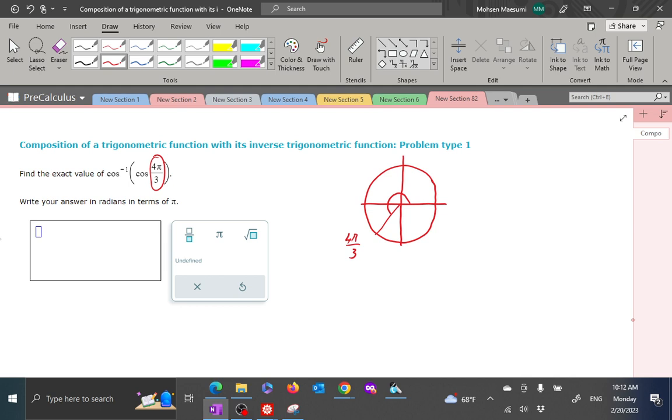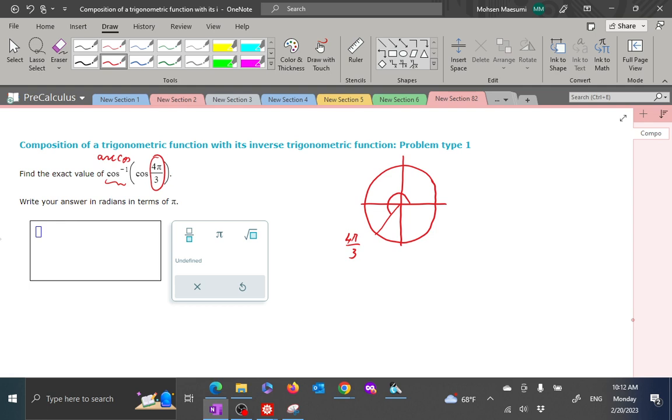Cosine inverse or arccosine, either of these is the same as arccosine. There are two notations for this function. Sometimes they refer to it as cosine inverse, sometimes as arccosine.